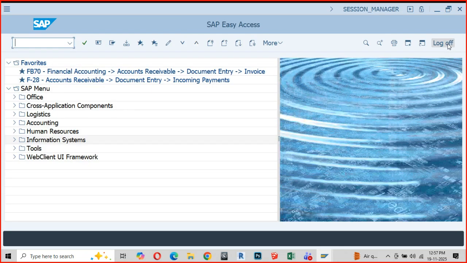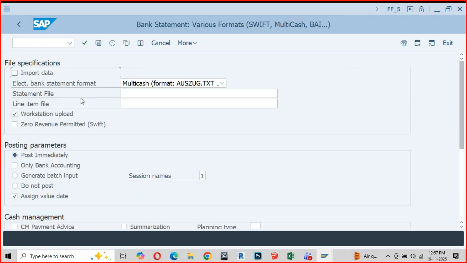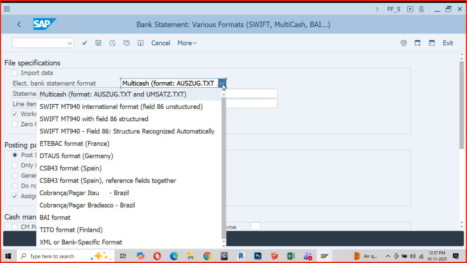Now for the electronic, FF15 or 5, I forgot. Let me try with this. Perfect. So can you see this? I import data in the specific format. I remember in our project we had used MT940.